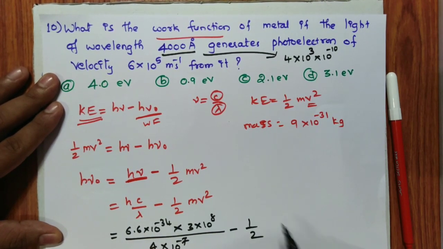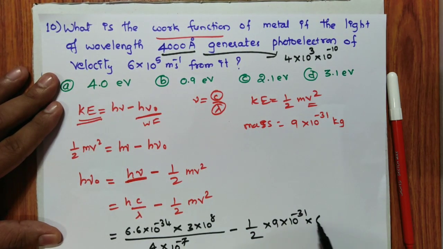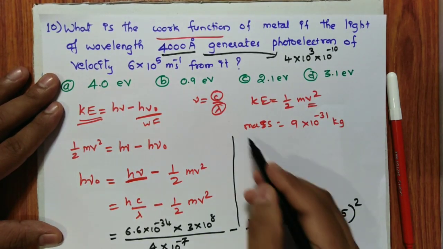Minus half into mass, 9 into 10 to the power minus 31, into v square. V is how much? Velocity 6 into 10 to the power 5, square. Right? So I will continue here.